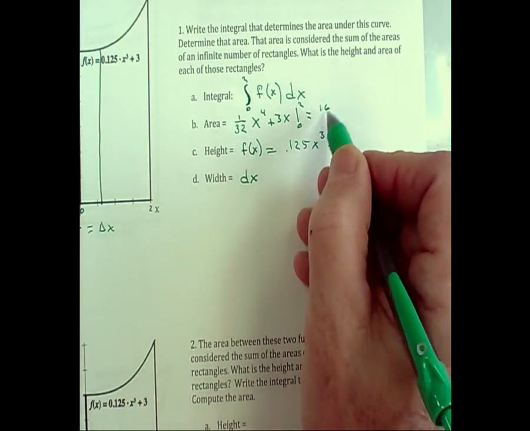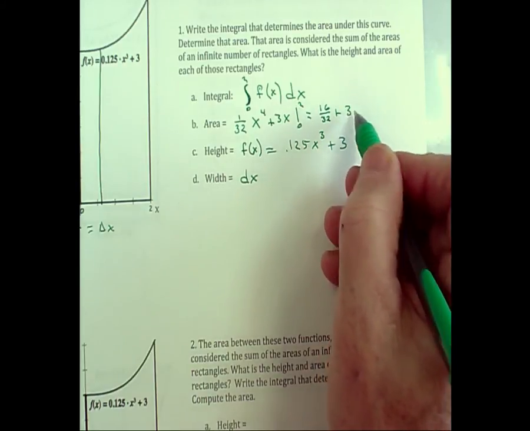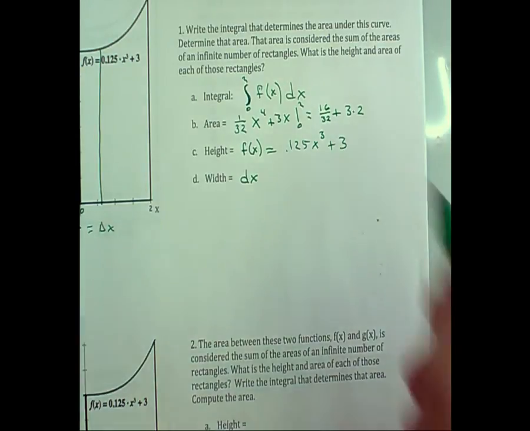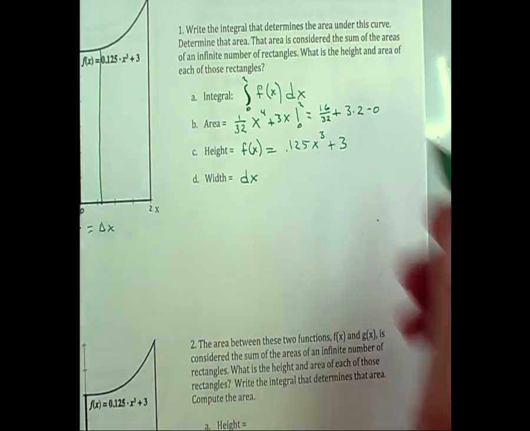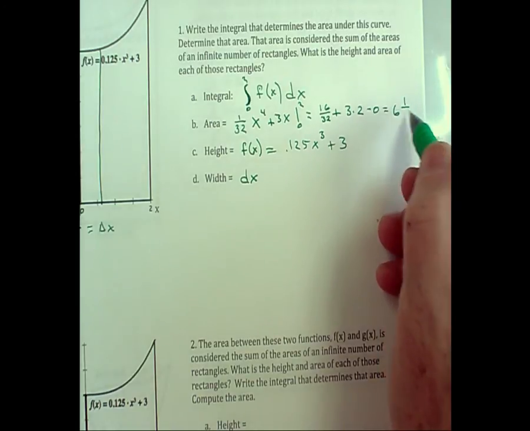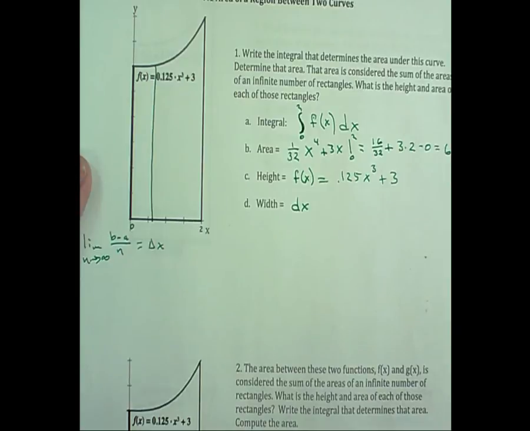So I get 16 over 32 plus 3 times 2. Does that sound right? Okay, minus 0. Because when I plug 0 in there, I'll get 0, right? What does that give me? 6.5. Beautiful. So the area underneath that curve is 6.5.